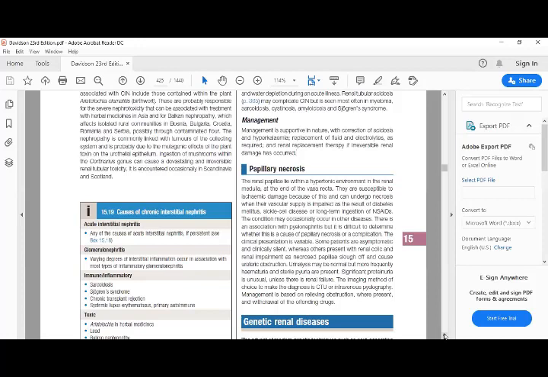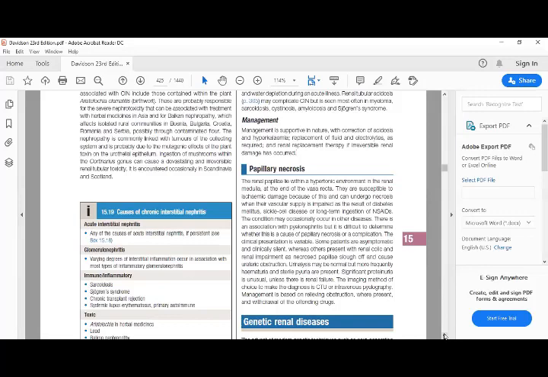Urinalysis may be normal, but more frequently hematuria and sterile pyuria are present. Significant proteinuria is unusual unless there is renal failure.